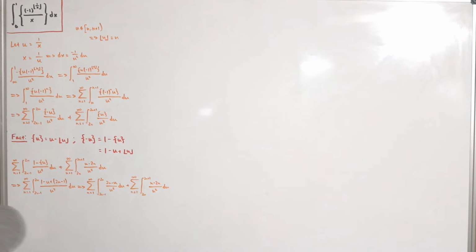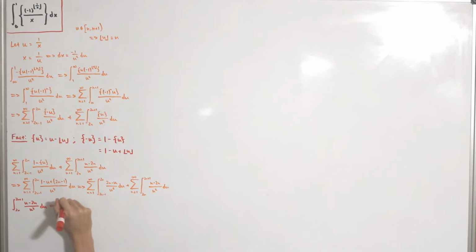Okay, so now let's calculate each of our intervals. Let me first calculate this interval over here, and I'll write this in red. The integral from 2n to 2n plus 1 of u minus 2n divided by u squared du.